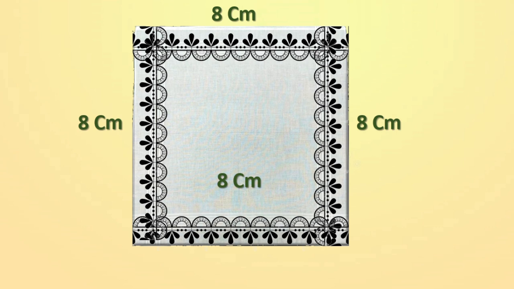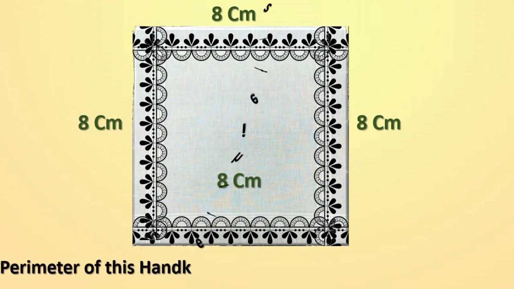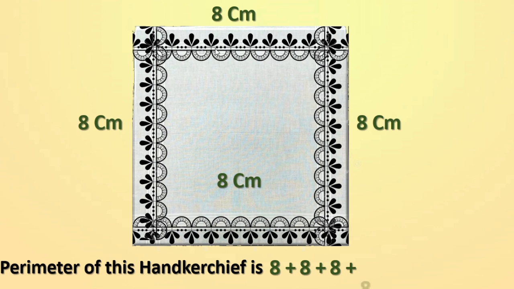So, can you tell me what is the perimeter of the handkerchief? You only have to count the boundary or wall of the object. Got this? So here the perimeter of this handkerchief is 8 plus 8 plus 8 plus 8 centimeter, isn't it?